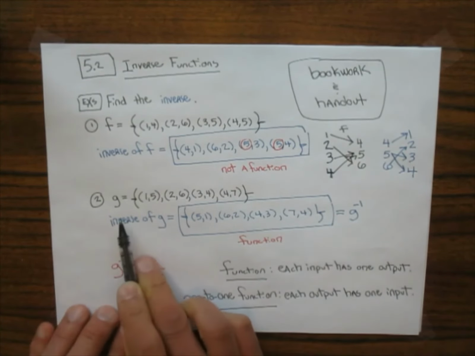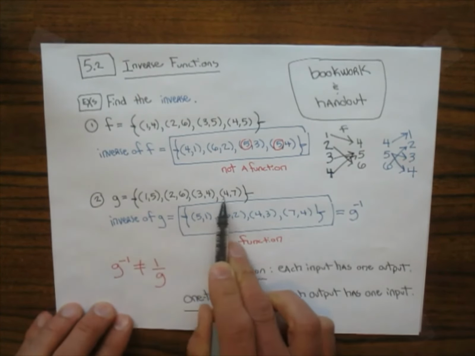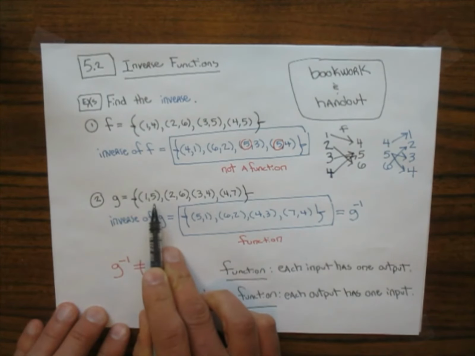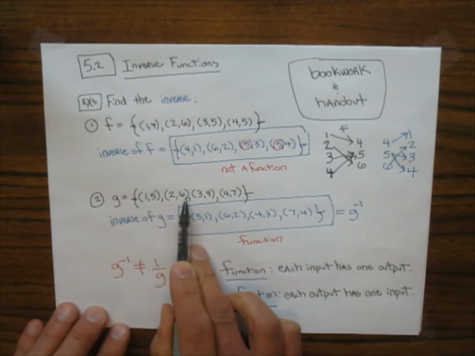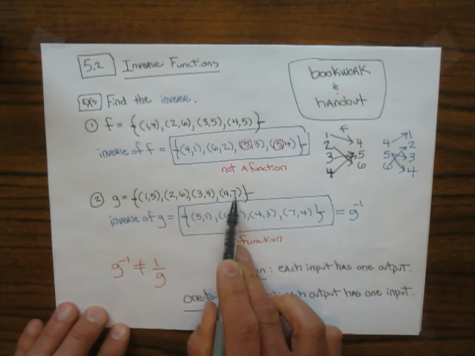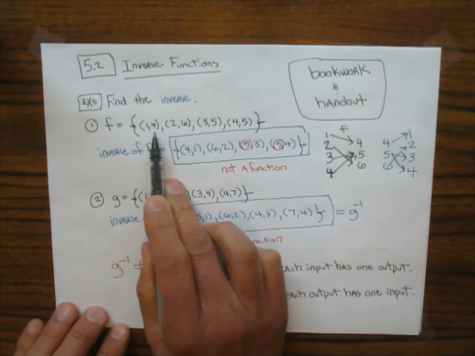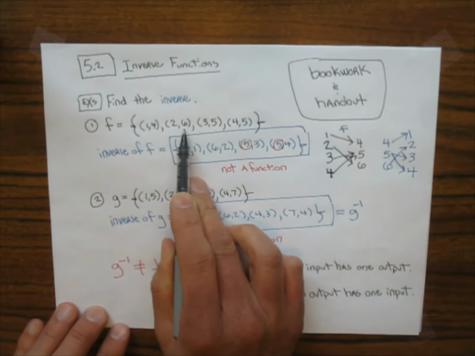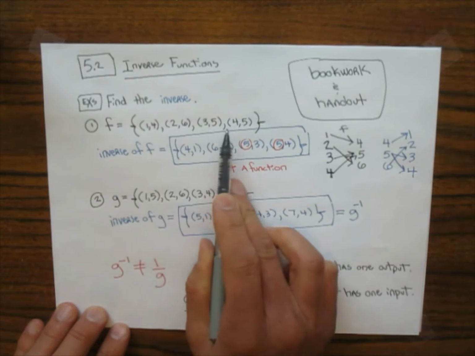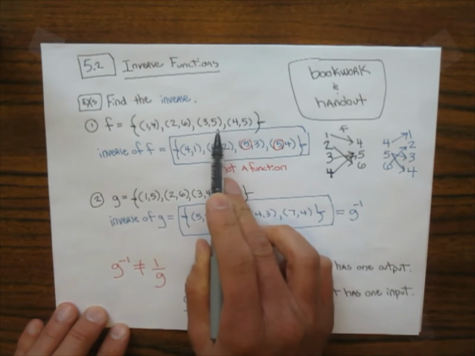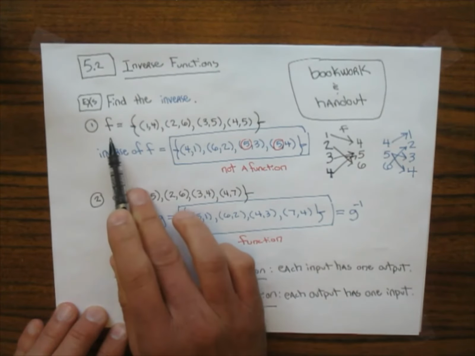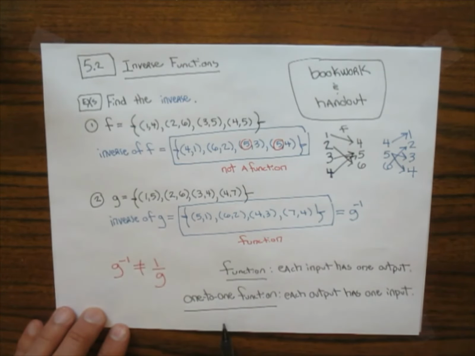And so we could have looked at g and known right off the bat that its inverse was going to be a function by looking at the outputs and seeing that they were all different. Where we go back to f, if you look at the outputs, you see a repeat in these outputs. So even though it is a function, function f here is not 1-to-1.